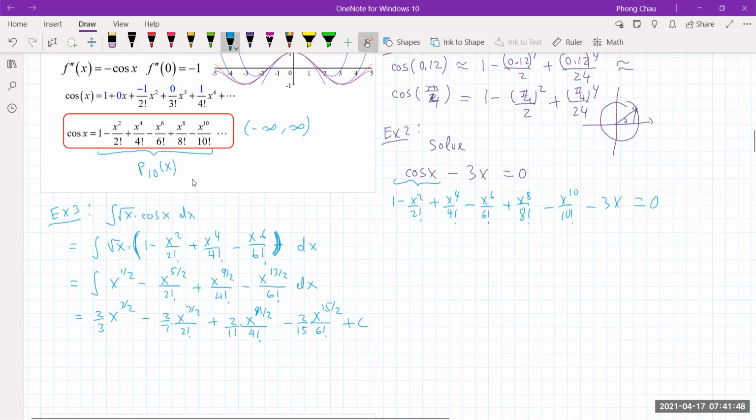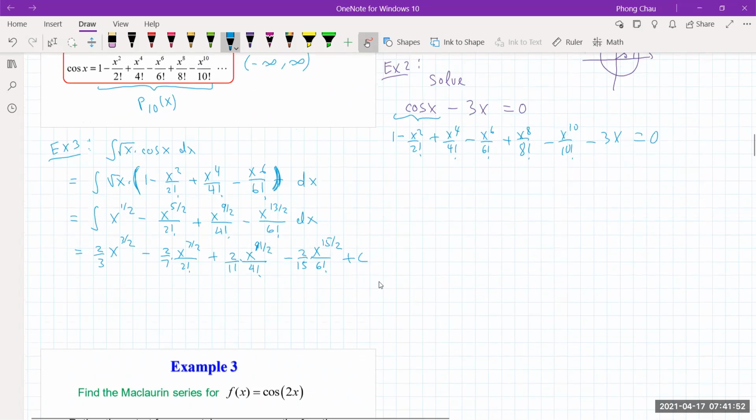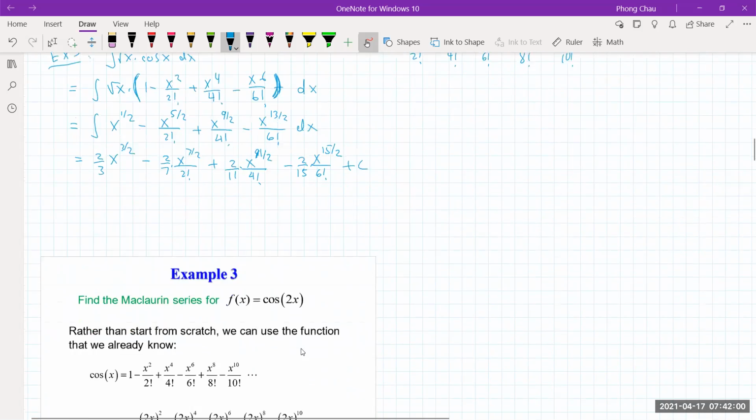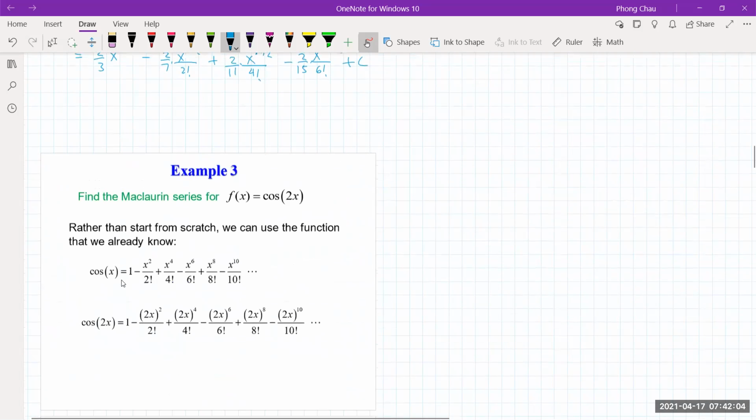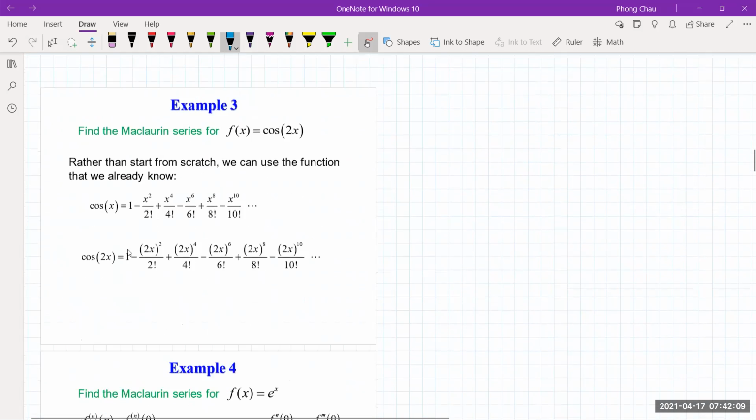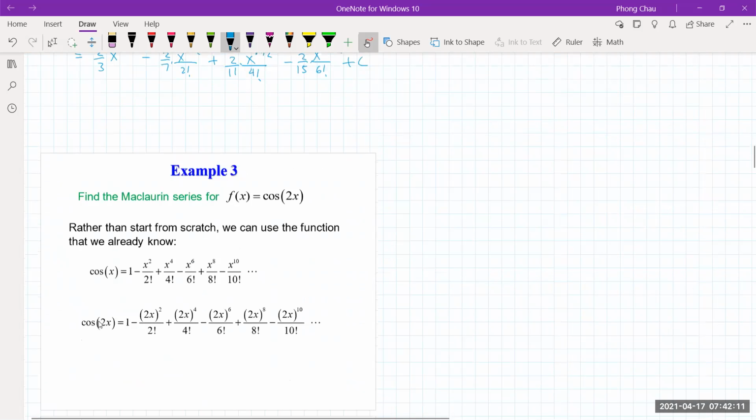If I ask you to find, can you find the Maclaurin series for cosine of 2x? Okay, cosine of 2x. Then we're going to use this. See, the cosine of x, right, is 1 from above. Then for cosine of 2x, you just replace x with 2x.